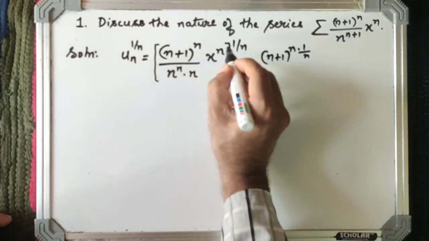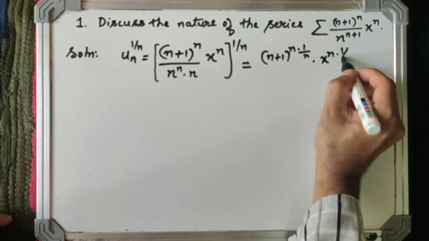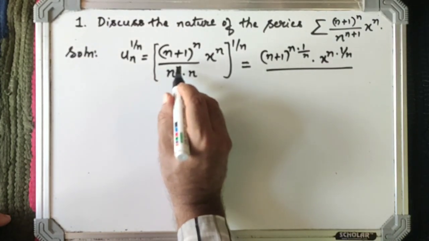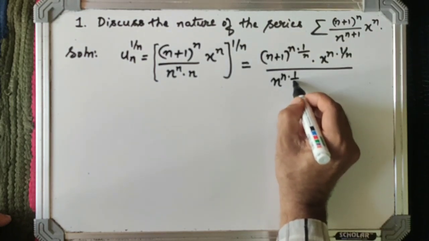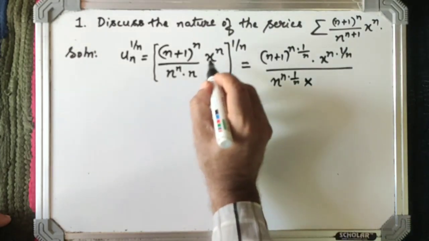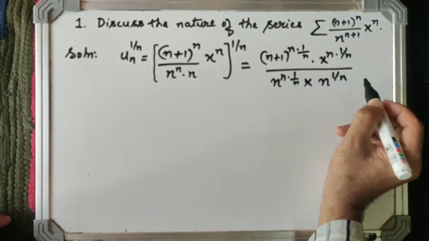Similarly, x power n into 1 by n, divided by n power n into 1 by n. Similarly, for the multiplication, n power 1 by n.